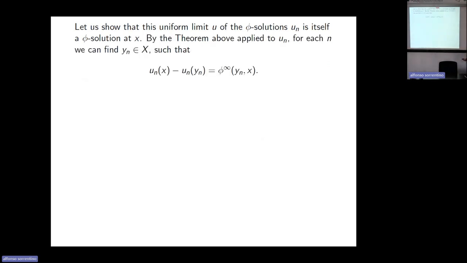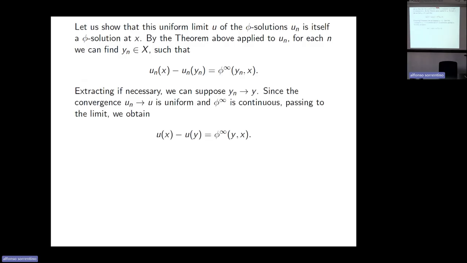By the theorem above applied to un, for each n, we can find a yn such that un x minus un yn is phi infinity of yn x. Extracting, if necessary, we can suppose that yn converges to y, since we are in a compact space. And since the convergence of un to u is uniform, the left-hand side is going to converge to ux minus uy. And this one is continuous, so this is going to converge to phi yx.